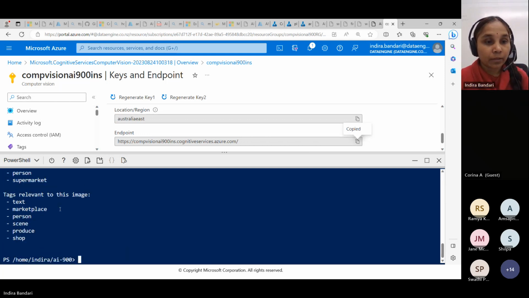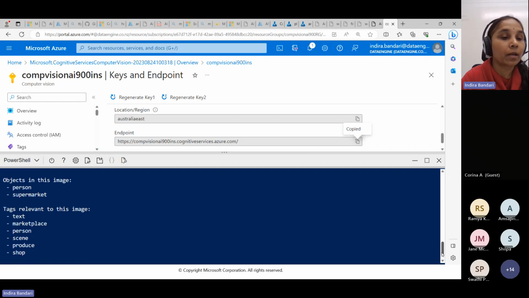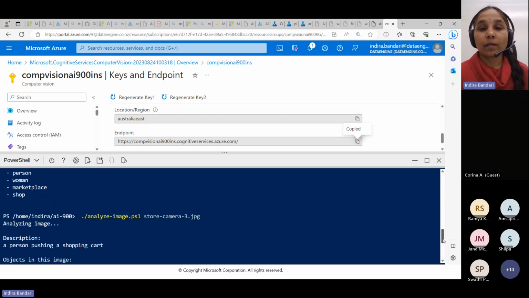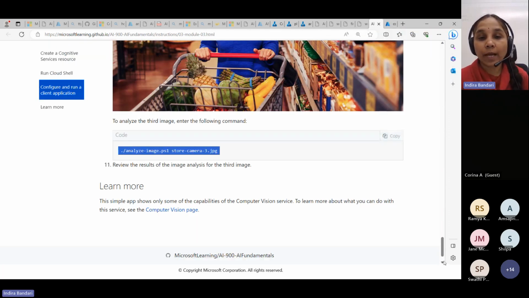And we have the description as a person pushing a shopping cart. And the objects detected in this image are a person and a supermarket. Tags relevant to this image are text, marketplace, person, scene, produce, and shop. So that concludes our computer vision lab.